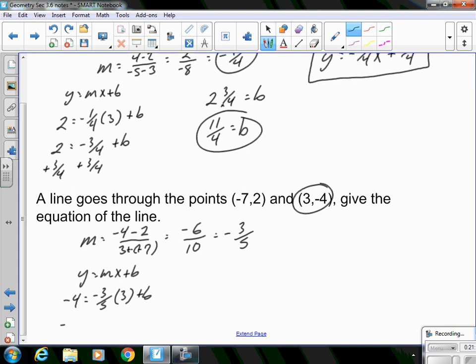So it's going to be negative 4 equals negative 9/5 plus b. And we add the 9/5 to both sides.